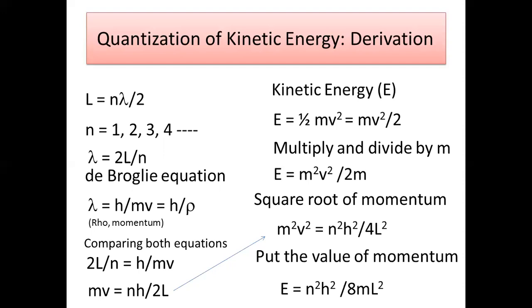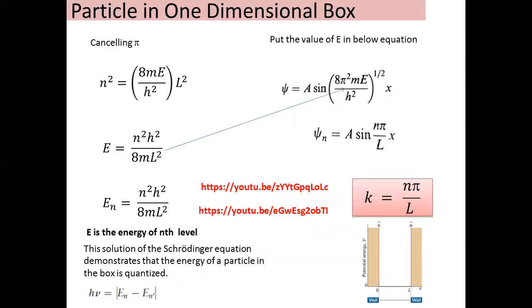And important over here, the links are mentioned in the lecture. We have already derived the equation by solving the Schrodinger wave equation with the restriction of a particle in a one dimensional box, and we already derived this equation to calculate the value of k over here.